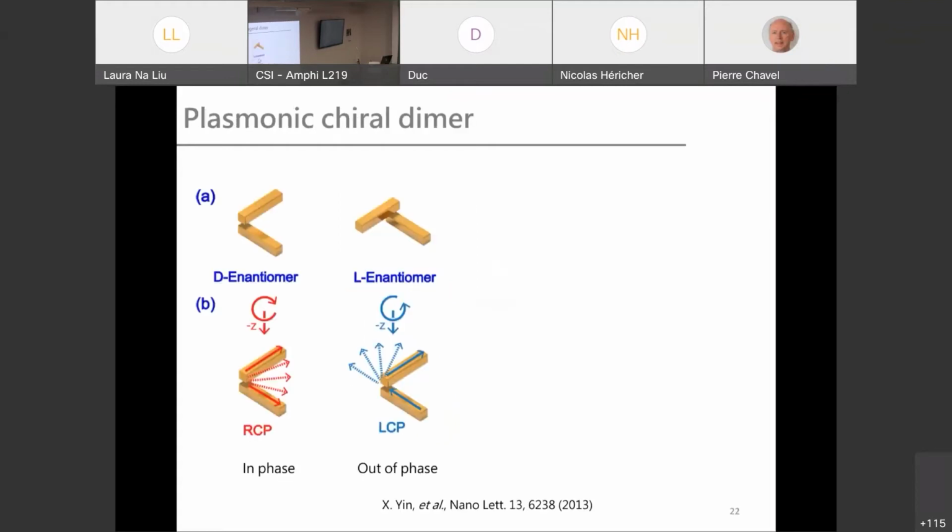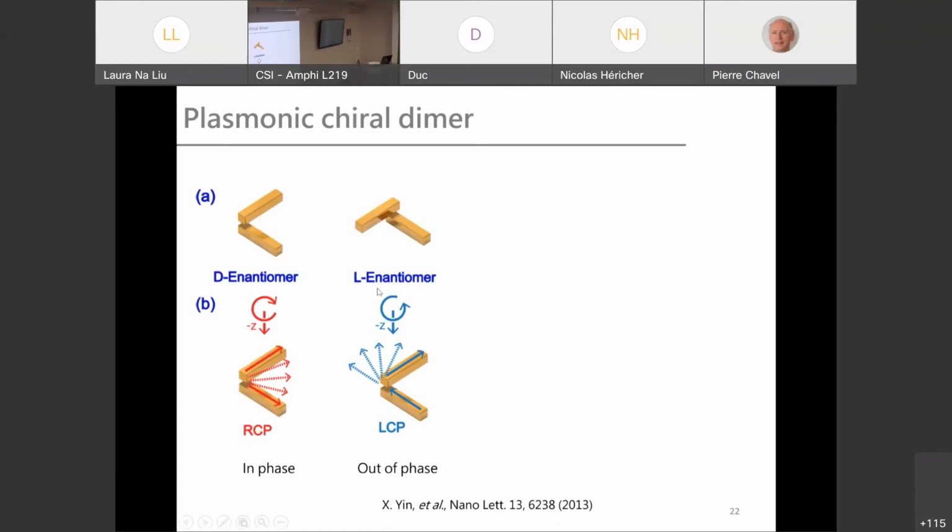So indeed, if we take a close look to understand the physical insight of such a structure, here is a cross-finger structure. Instead of crossing along the central axis, they can also be stacked at their corners. I like this Nano Letters paper a lot, so I also refer you to read this paper to understand the plasmonic chiral effect of such cross-finger structures.